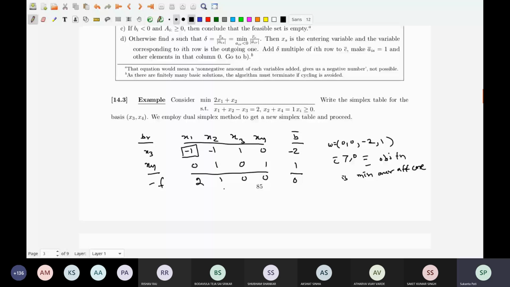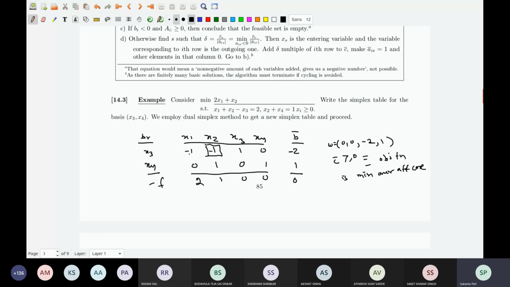And I always want to keep C bar greater than or equal to 0. So therefore I am not going to select the first one as my pivotal element, but I will choose the second one. Why? I found 1 divided by 1 and 2 divided by 1. Whichever is smaller.